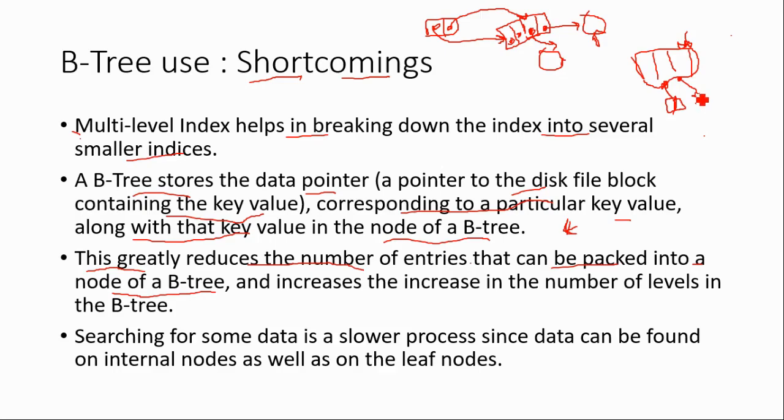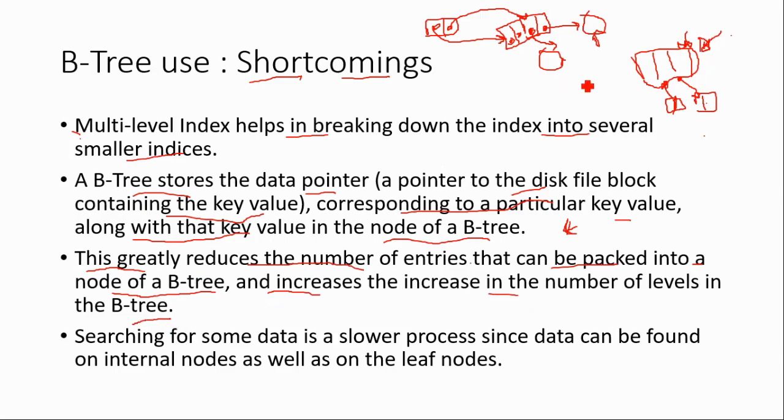As a result, the amount of data which we can store in a B-tree is reduced. We could have stored more keys, and this increases the number of levels of the B-tree.